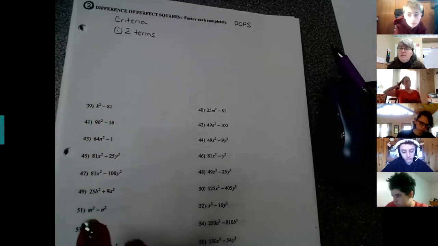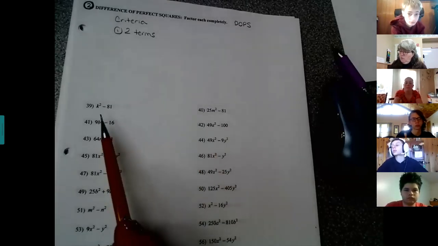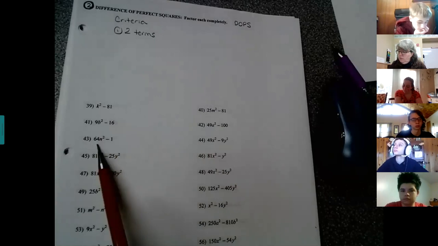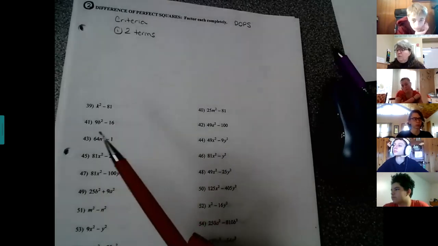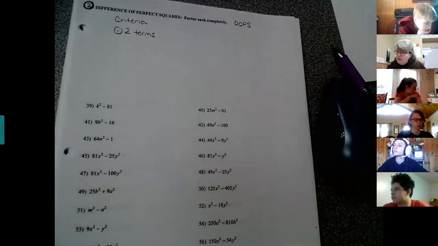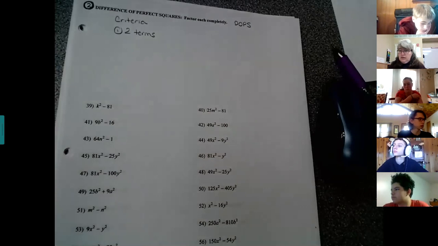Terms are separated by pluses and minuses. Now look down this page. 1 term, 2 term, 1 term, 2 term, 1 term, 2 term, 1 term, 2 term. I didn't try to trick you. I only put DOPS on this page. But later on, when they're all mixed up, if it's got more than 2 terms, it can't be DOPS. Okay, you with me?